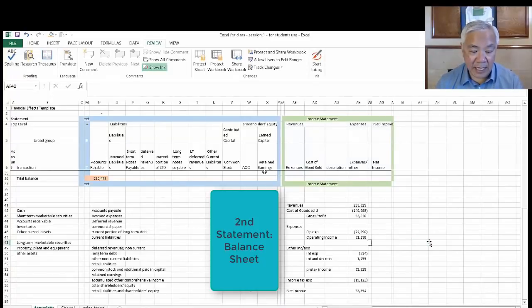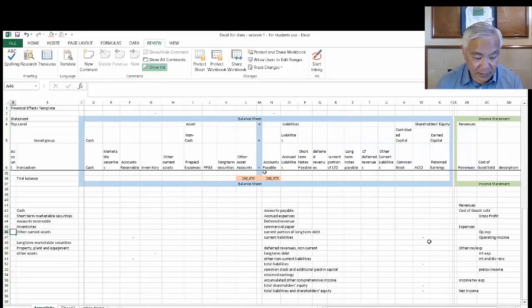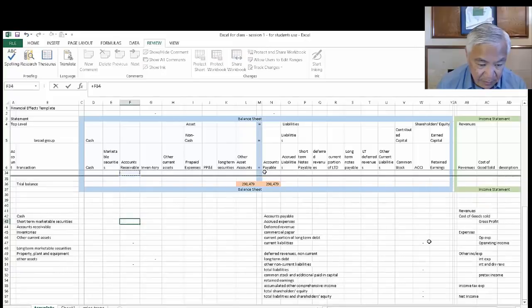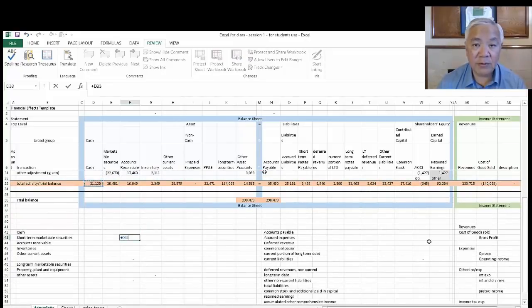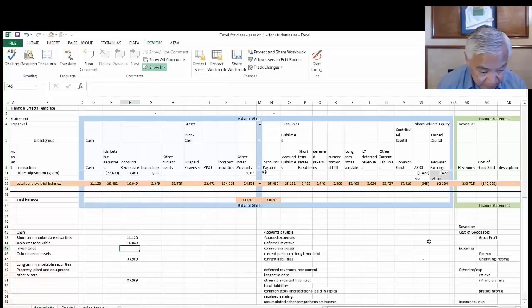All right, now we can pull together the balance sheet. I've put the categories on the left, and let's pull the numbers. So cash, what is cash? It equals this number in the trial balance, 21,120. Next is accounts receivable. Same thing, we have it there, 16,000. Inventory. I'm sorry, we left out marketable securities.